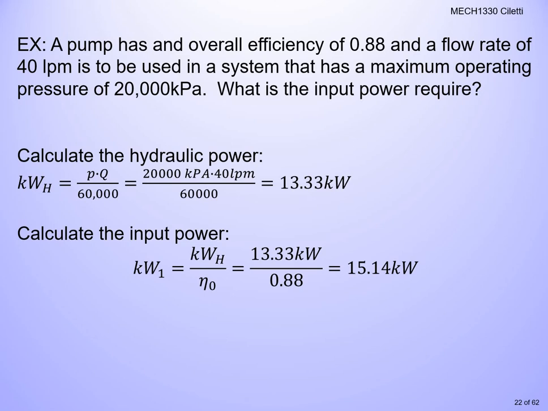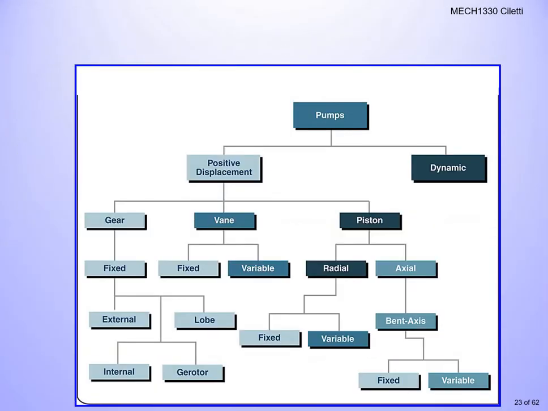So we need to buy a motor here that has at least 15.14. Since we always oversize and things like that, probably a 20 kW motor would easily handle this system for us. But see, sometimes you have to work backwards when you're doing the design of things so that you know what to buy for the system to make it work. So that's why this is an important type of problem here.